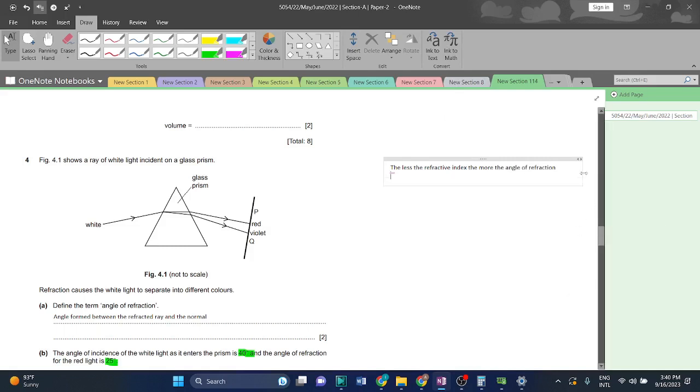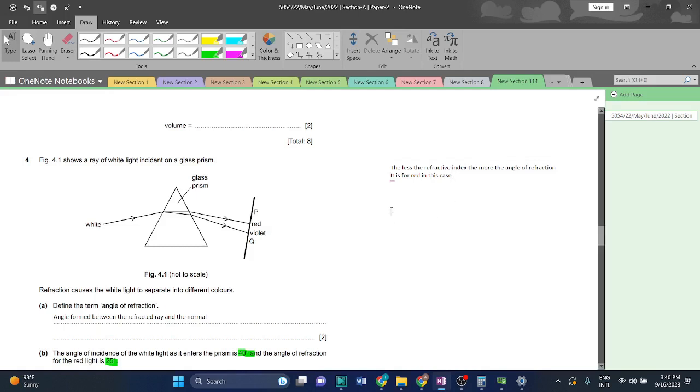And in this case, it is for red. Further, we also notice that the refractive index determines how much the light will bend. Okay? How much the ray will bend is dependent on the refractive index.